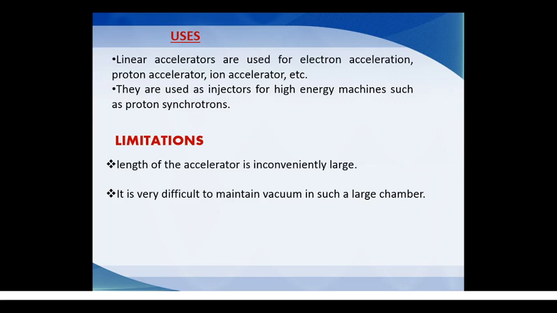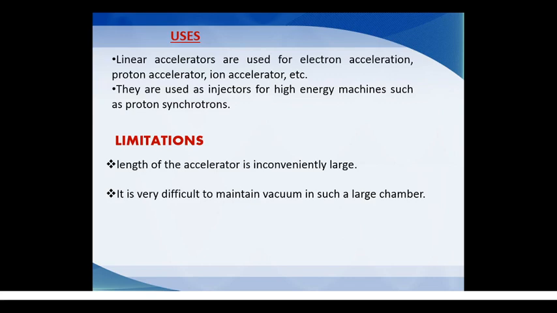Now the limitations include, we know that in order to increase the energy, we have to increase the gaps. On increasing the gaps, we have to include more drift tubes, and these drift tubes have to be enclosed in a vacuum chamber. So whenever we need more energy, we have to include more drift tubes so that the length of the LINAC will be more, which is inconveniently large.